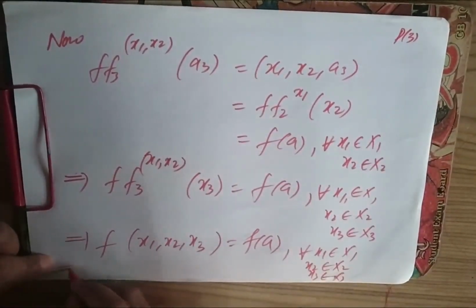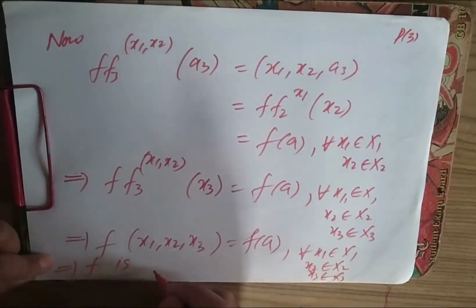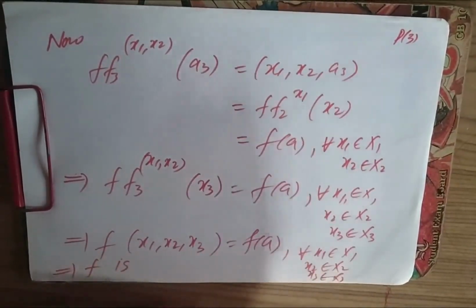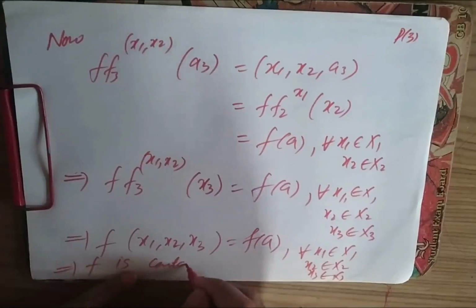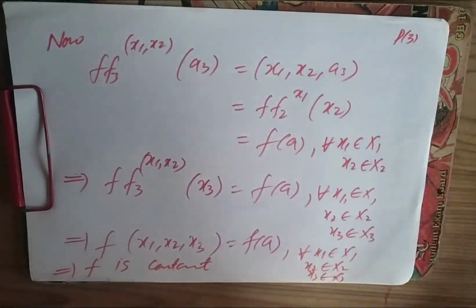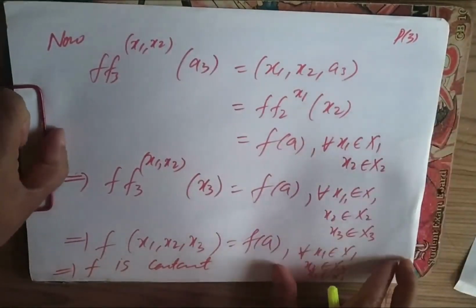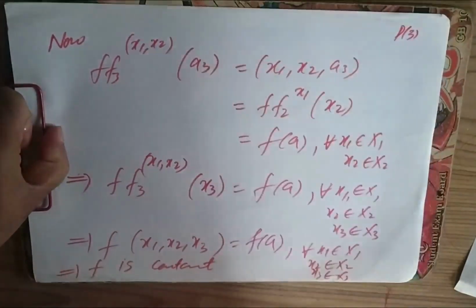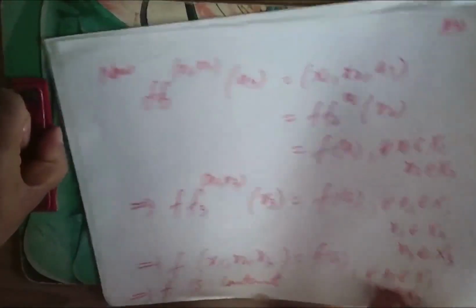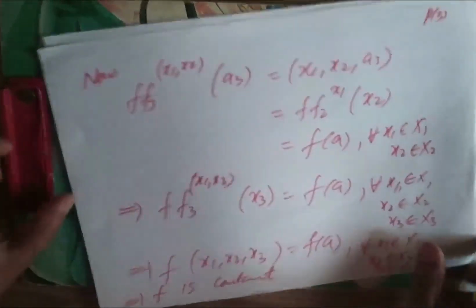So which implies this f is constant, which is a contradiction, because f is a continuous onto map.